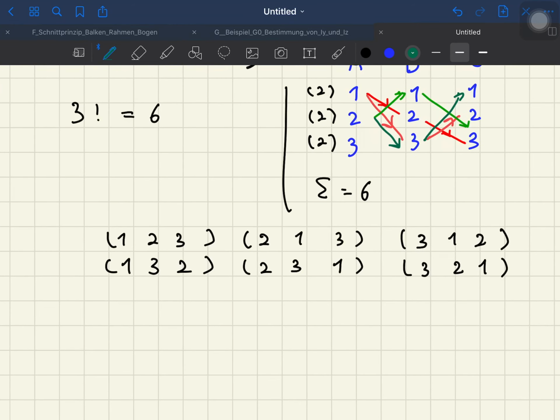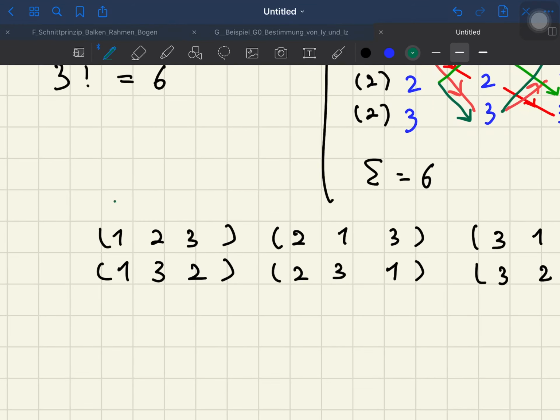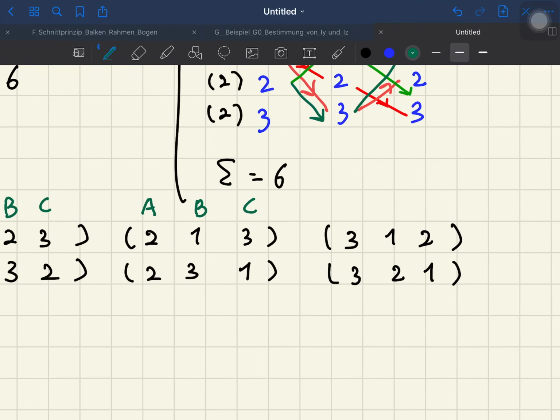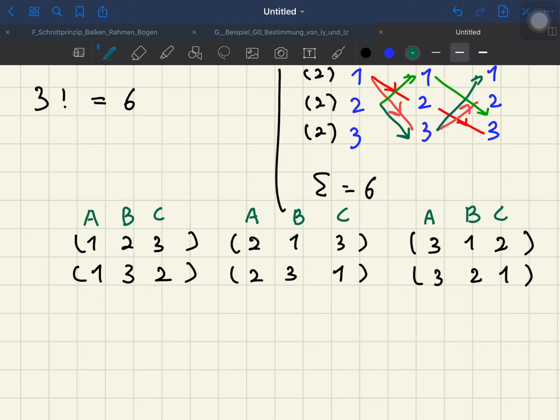From left to right, on the left side must be person A, then person B, and to the right, person C.